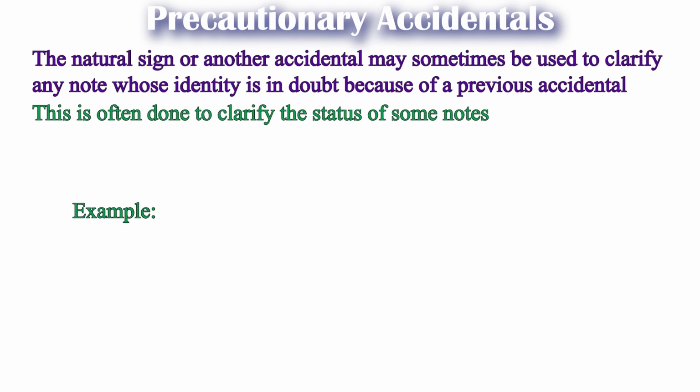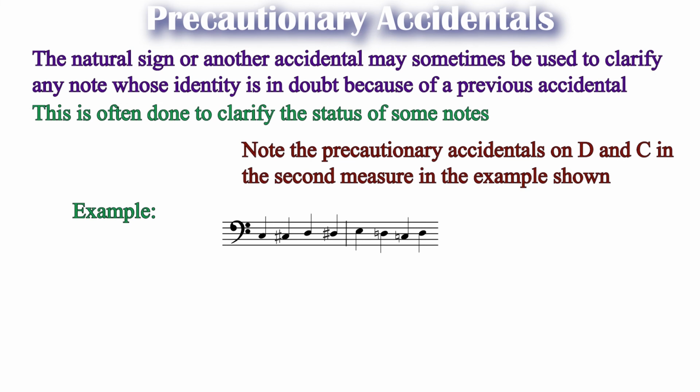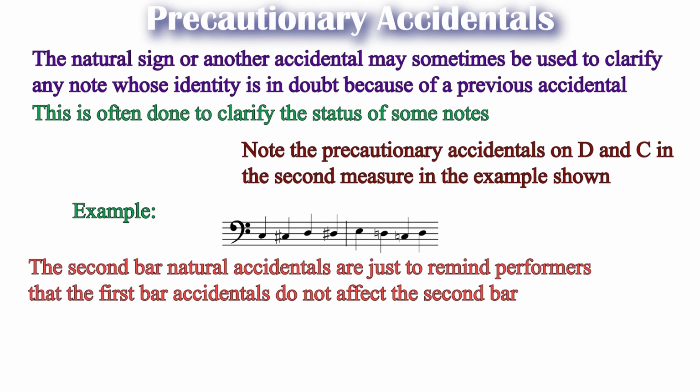In the example shown, note the precautionary accidentals on D and C in the second measure, even though the accidentals of the first measure do not affect the second measure. The natural accidentals in the second bar are just to remind performers that the first bar accidentals do not affect it. They are just precautionary.